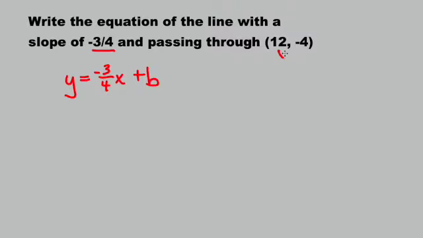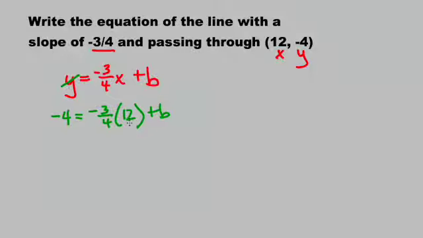But we do know that 12 is x and negative 4 is y. So in the equation, wherever we see a y, we're going to plug in a negative 4. So we can write negative 4 equals negative 3/4, and x is no longer x, it's going to be 12.